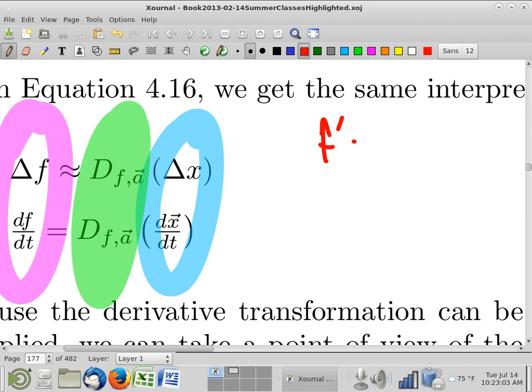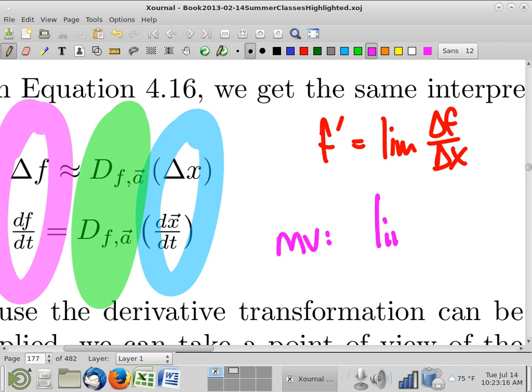We write down f prime as limit delta f over delta x, and so we thought, well, why don't we do the same thing in the multivariable context? Why wouldn't we just take a limit of delta f over, that's a vector now, over delta x, and that's a vector now. And then we kind of chuckled at our silliness, because you can't divide a vector by a vector. That doesn't make any sense. Right?